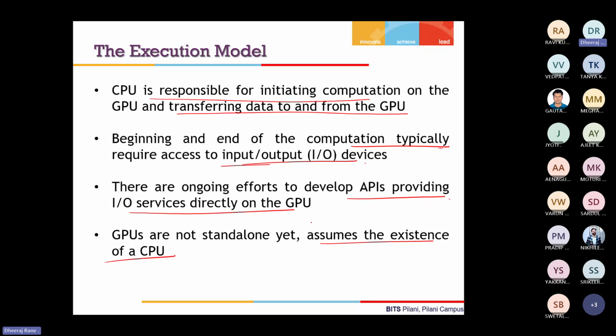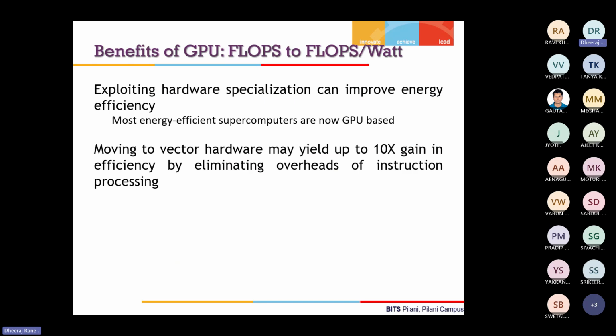But efforts are being made so that we can have the input and output directly with the GPU, so that whatever latency is generated with the utilization of the processor can be avoided, right? So that's why the final concluding statement is that it's not standalone yet. You cannot have a system having a single GPU without having a CPU, right?